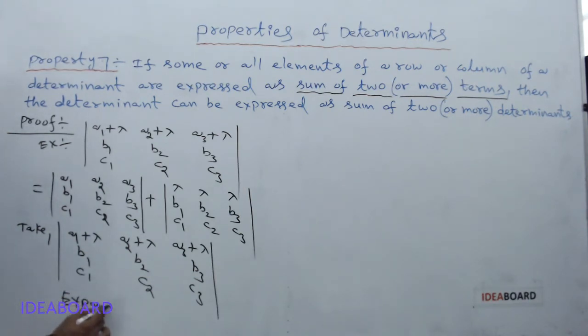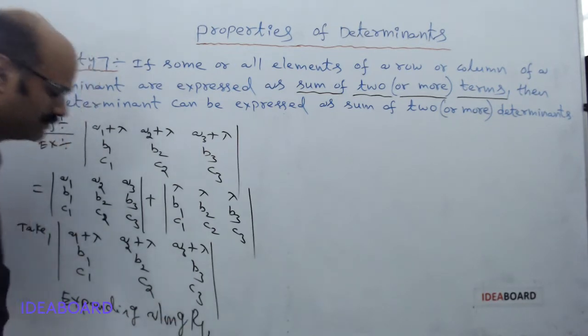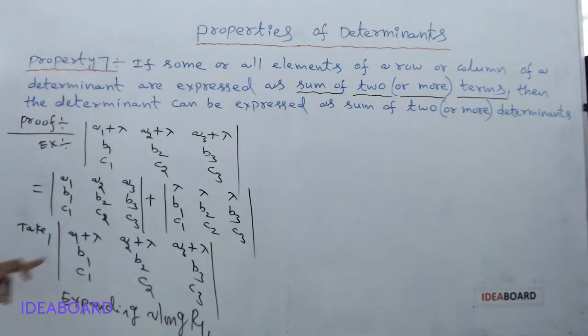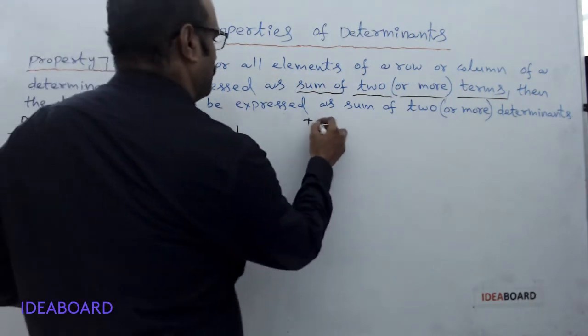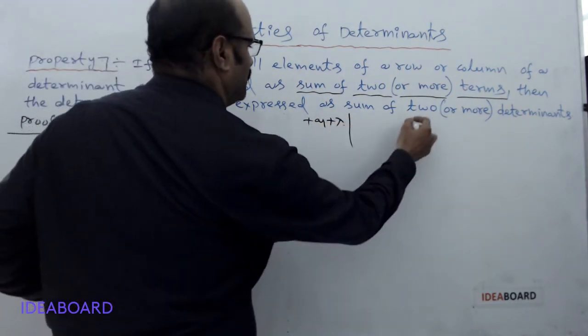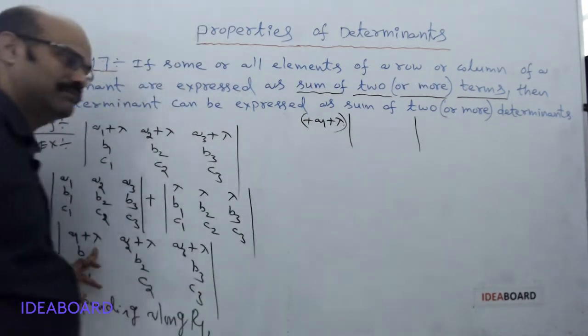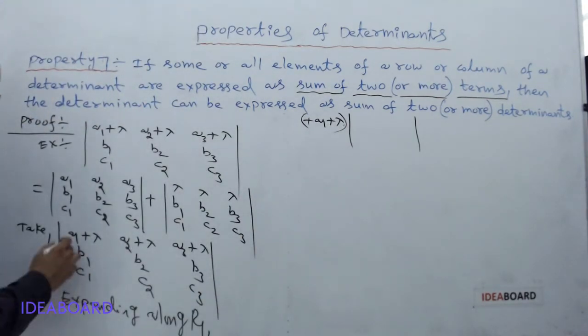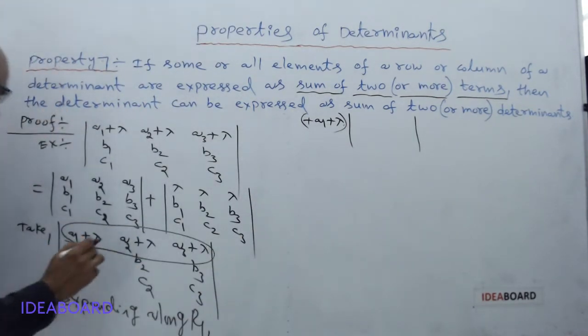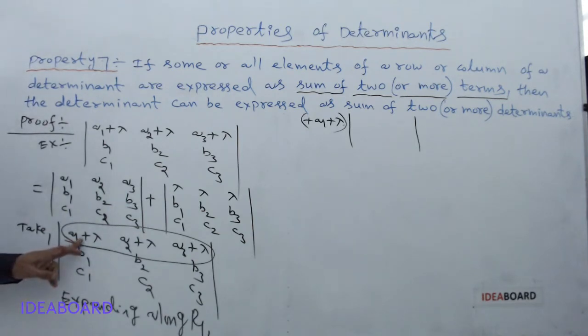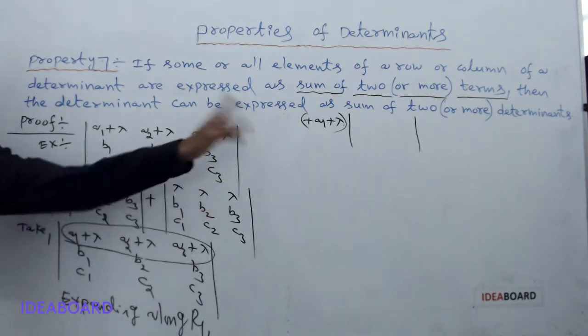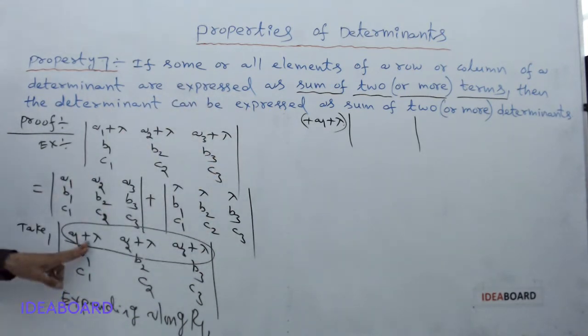Expanding along R1, now we get a1 plus lambda, plus of a1 plus lambda into determinant of, now we are expanding along R1 here. We know that the sign is plus, minus, plus, so first we take plus, then the minor of a1 plus lambda, which lies in first row and first column.